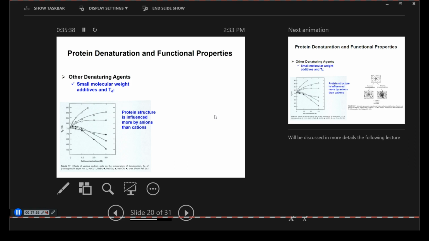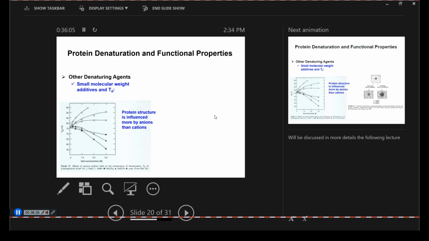So the impact of the anion is more significant than the impact of sodium, because these are all sodium. So it's the same positive ion but different negative ion. So the negative ion is impacting the way it's interacting with the protein. So what you see here is as salt concentration increases, denaturation temperature decreases.